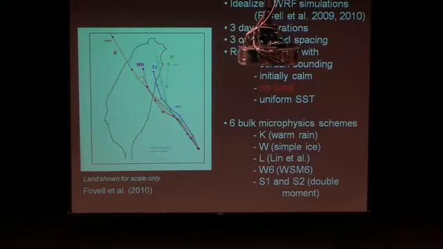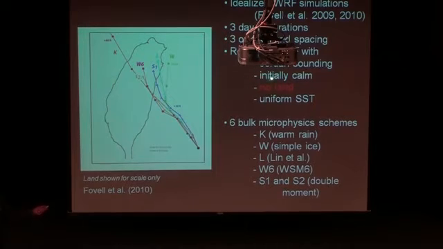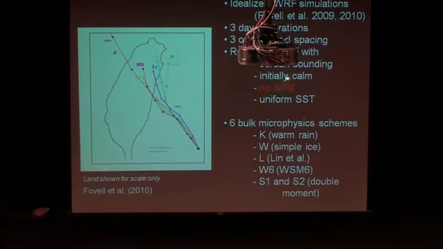Simplify it by removing all of the large-scale variability, replacing it with a single sounding, removing all of the land, and removing all of the wind and everything else, and just starting with something that is very idealized and simple, okay? So we're basically using the real data WRF, but initialized with the Jordan hurricane season sounding, initially calm, no land, and a uniform sea surface temperature.